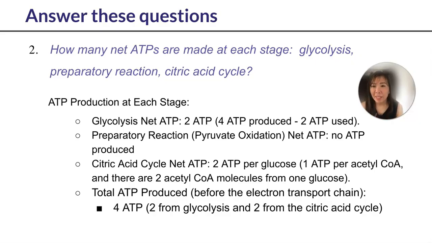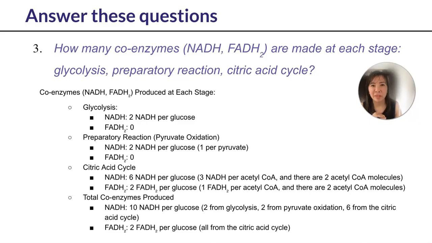In the citric acid cycle, each time we went through the cycle, we made 1 ATP molecule, which means for every glucose, we make 2 ATP. So up to this stage, we've made 4 ATP, 2 from glycolysis and 2 from the citric acid cycle.